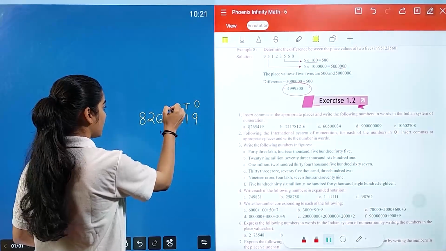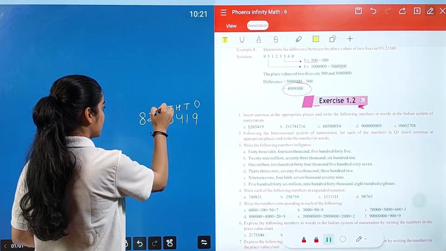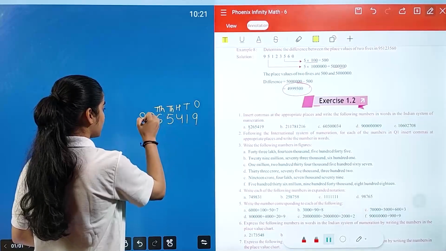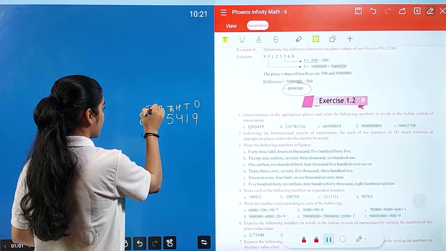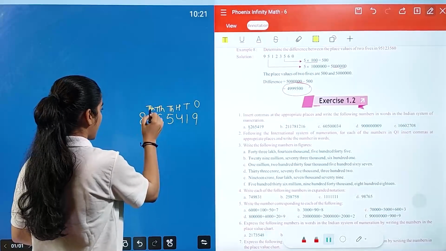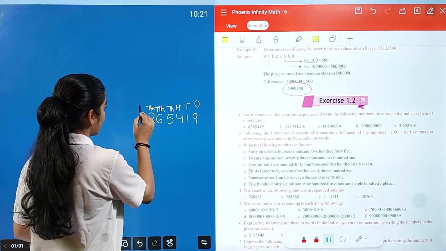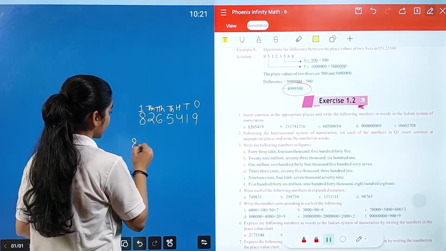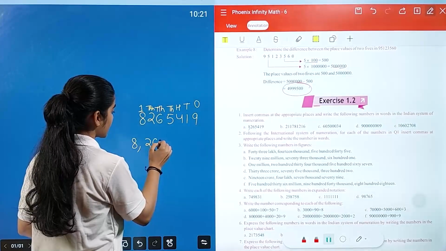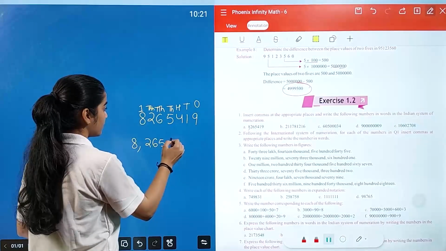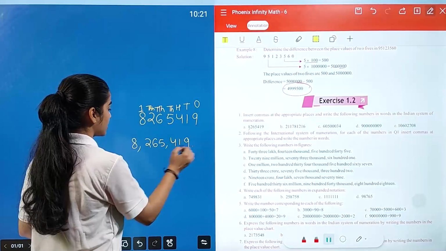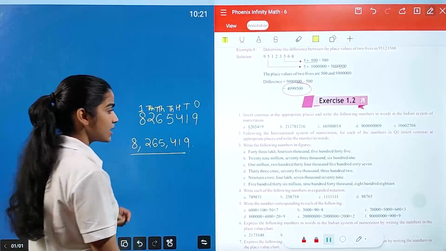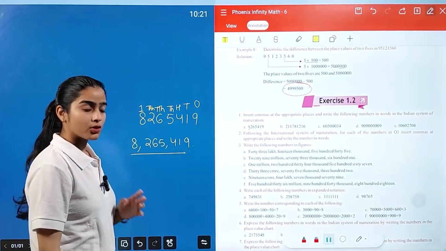After 100 we have 1,000, 10,000, 100,000, and after that we have 1 million. So 8,165,419 is your answer. Same you have to do for the rest of the parts.